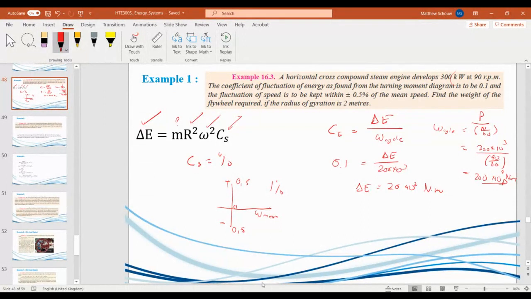So what it really means is that your CS is just 1%. And of course, 1% is 0.01.